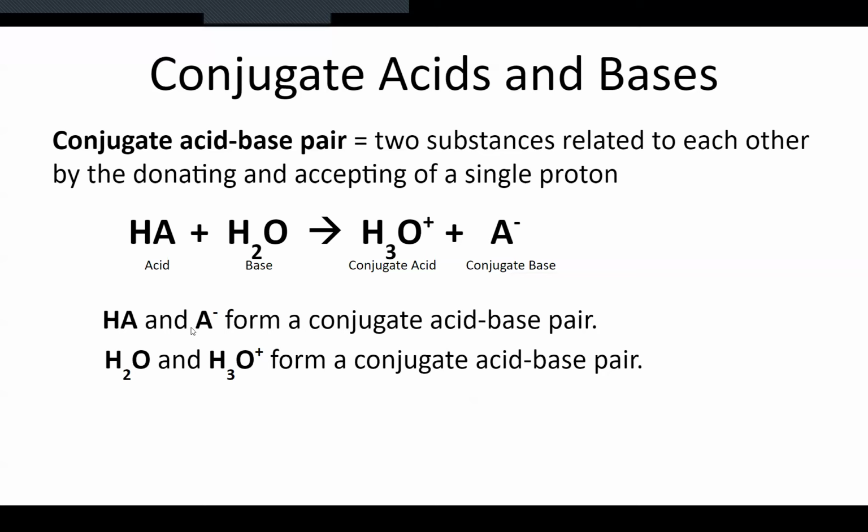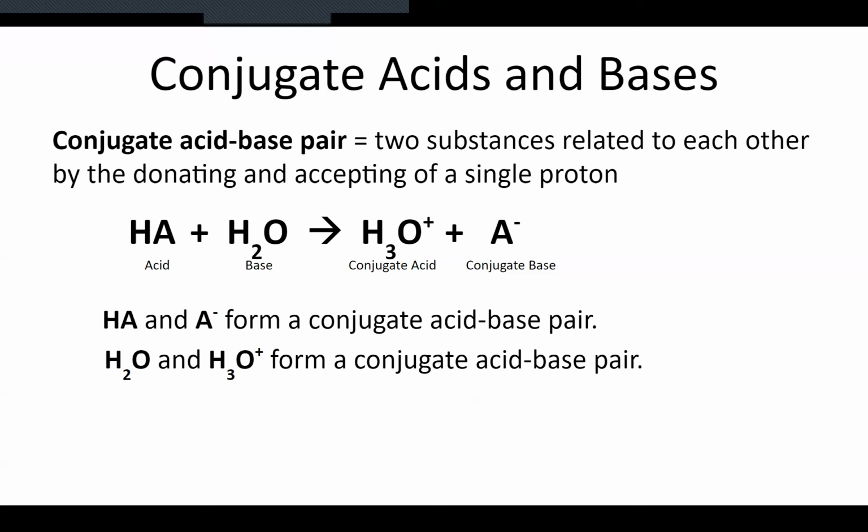Now, there's one other thing that we should probably mention here. That's the charge. Notice that HA was initially neutral, and in becoming the conjugate base A minus, it lost 1 unit of charge. If you're losing H plus, the plus goes along with your donation.